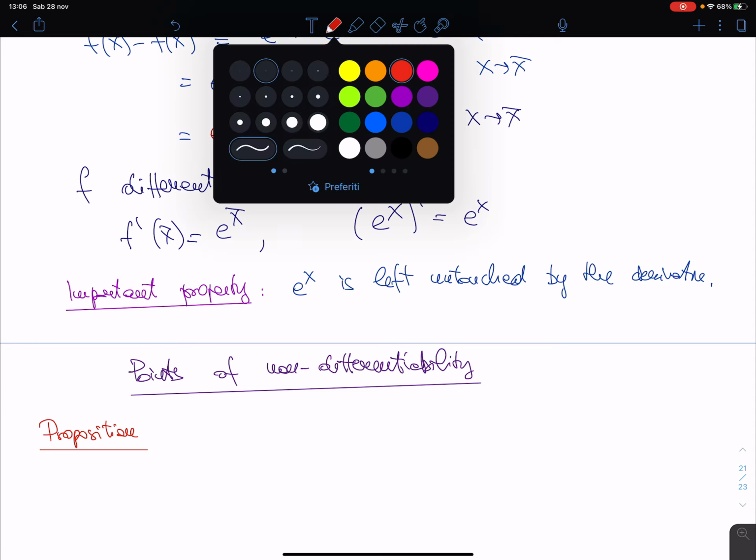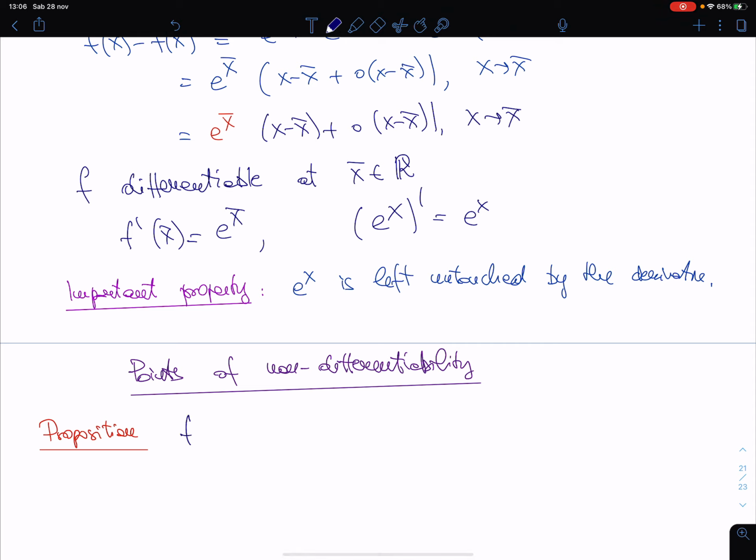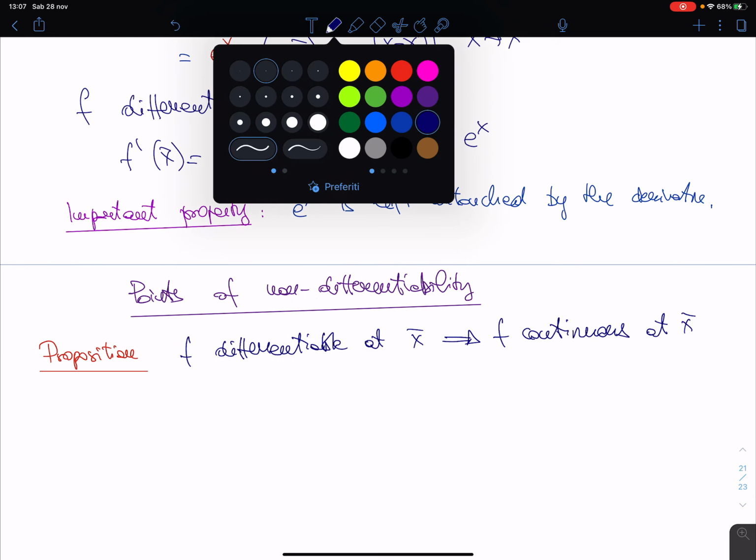If a function f is differentiable at x bar, then f is continuous at x bar. So proof.